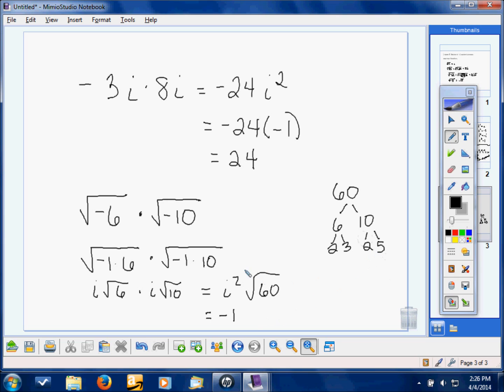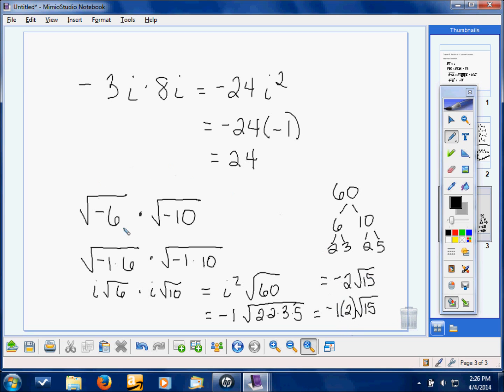So let's get this taken care of. We have a pair of 2's and we have a 3 and a 5. So 2 comes out. So I have negative 1 times 2 times the square root of 15. It's negative 2 square root of 15.